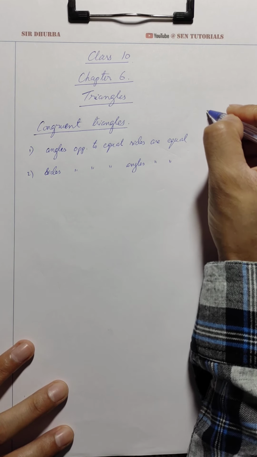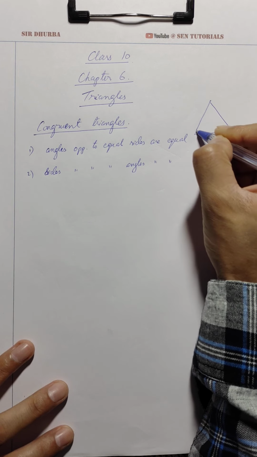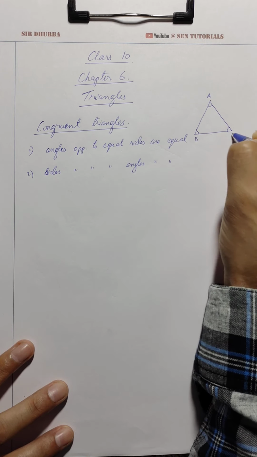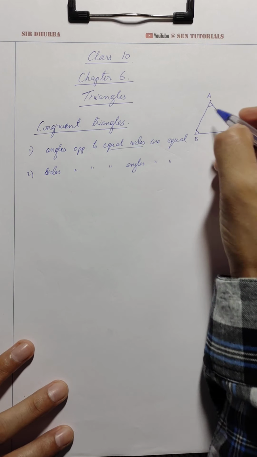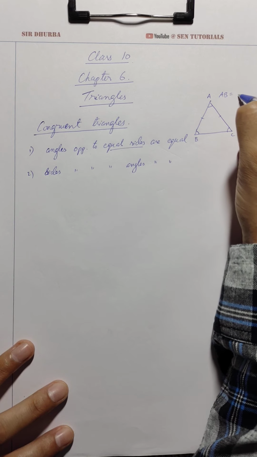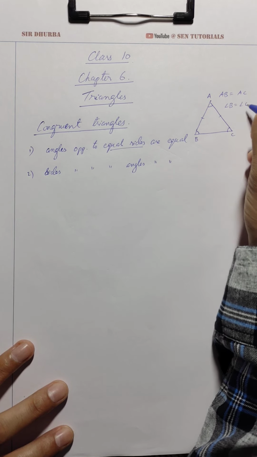So the first one simply means, if you have a triangle, and let's say you have 3 angles, A, B, C. So here what we have learned is angles opposite to equal sides. So if here AB is equal to AC, then in that case angle B is equal to angle C.